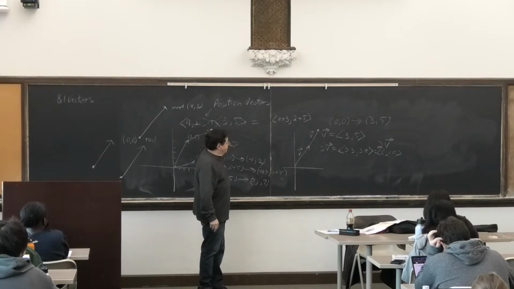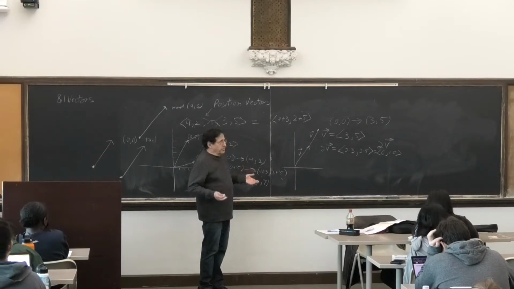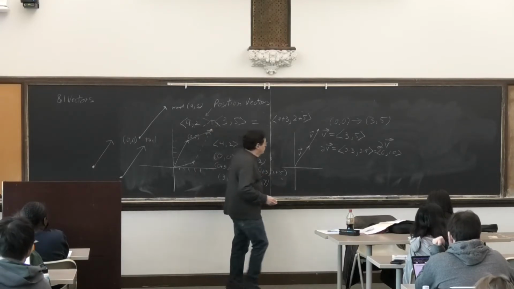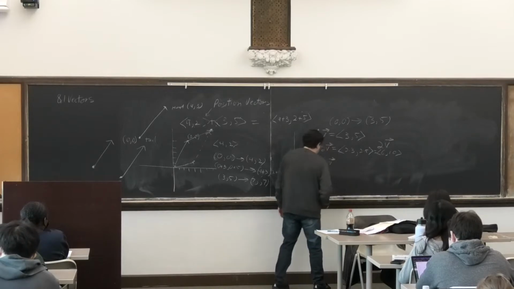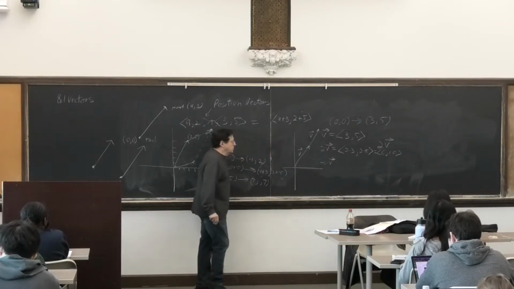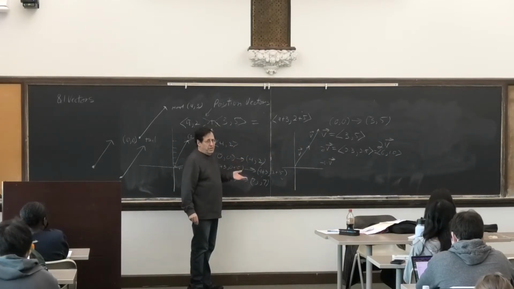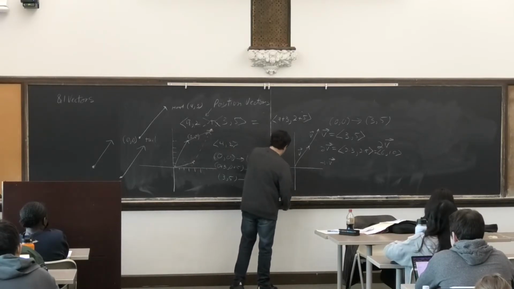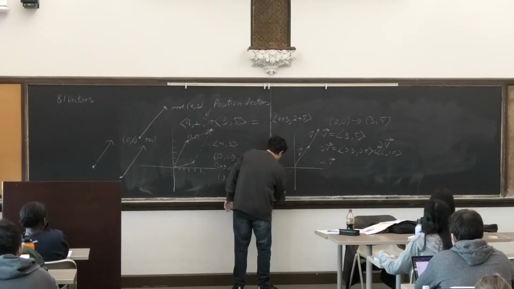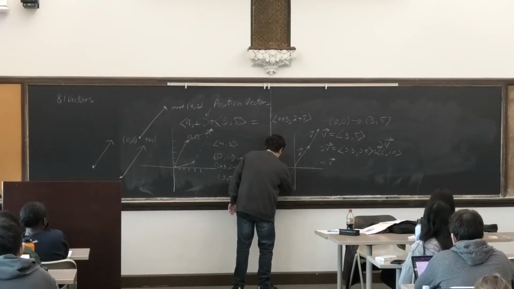Now, this of course brings up the question, what would -1 times v be? Well, that would just be taking v and reversing its direction. So this would be like -v.